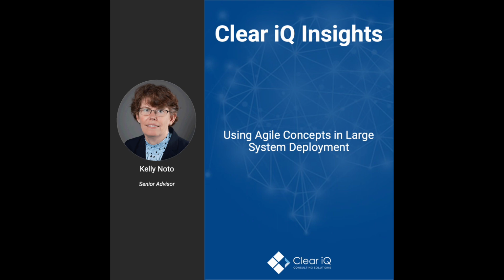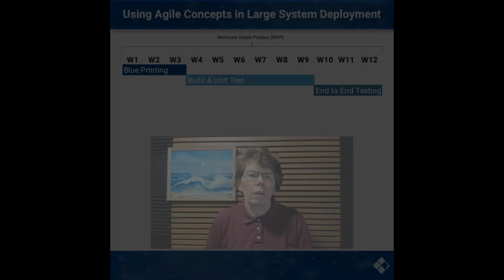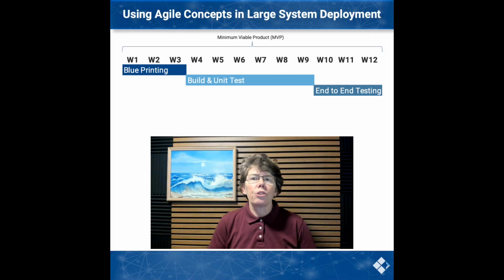Our topic today is talking about how to embed Agile concepts into a large system development project or program. As we think about a large system development program, there is a traditional methodology called the waterfall, in which you do a lot of business design.